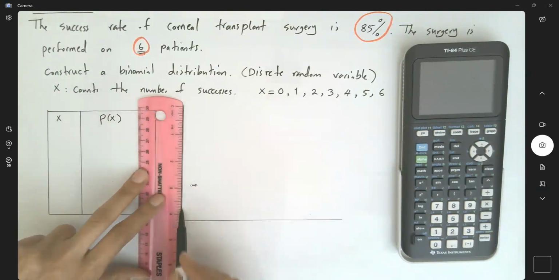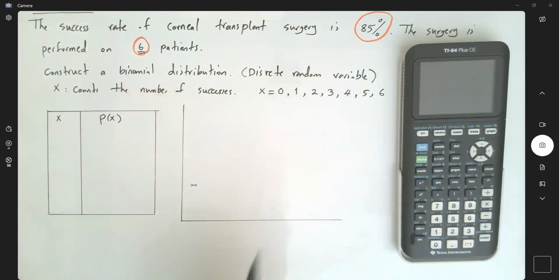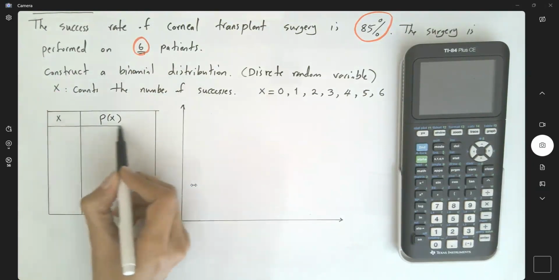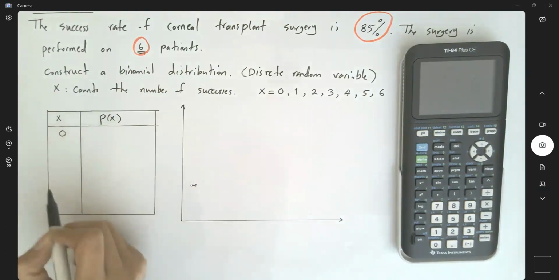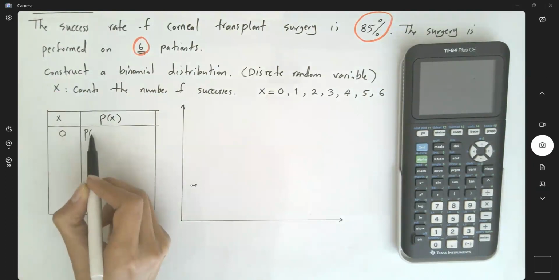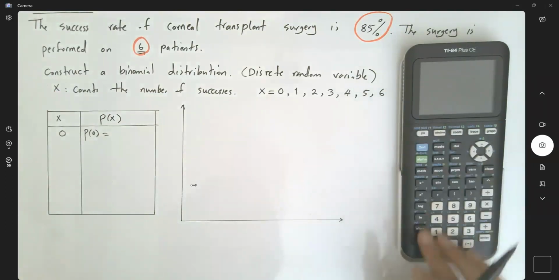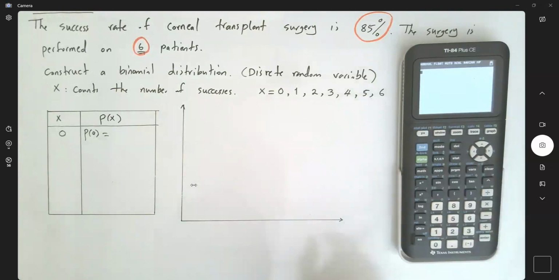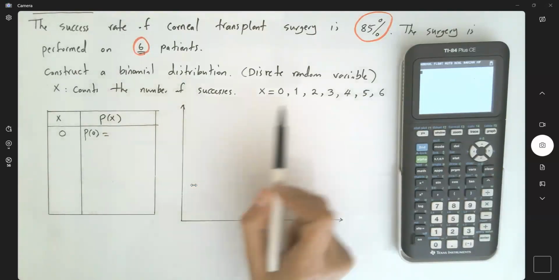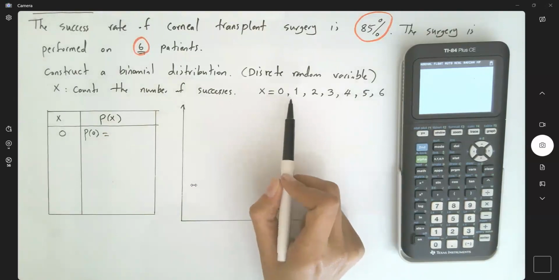Probability distribution for the number of successful surgeries. So let us start. Here we have X. X can be 0, no successful surgeries. What is the probability of no successful surgeries? Turn on your calculator. Since it's a binomial distribution, you're counting each one of these values.